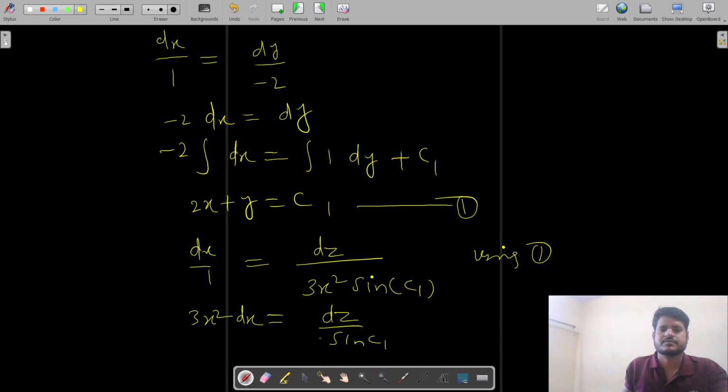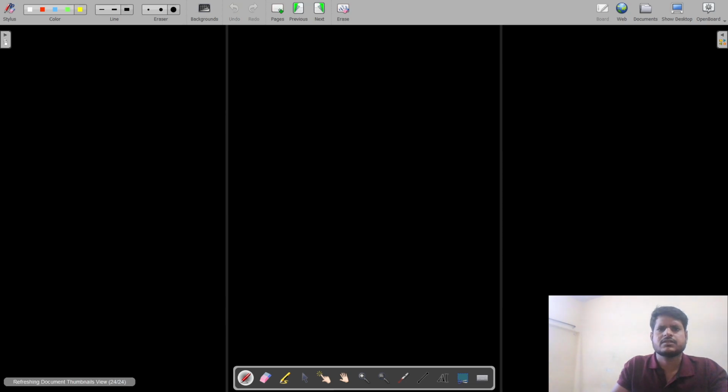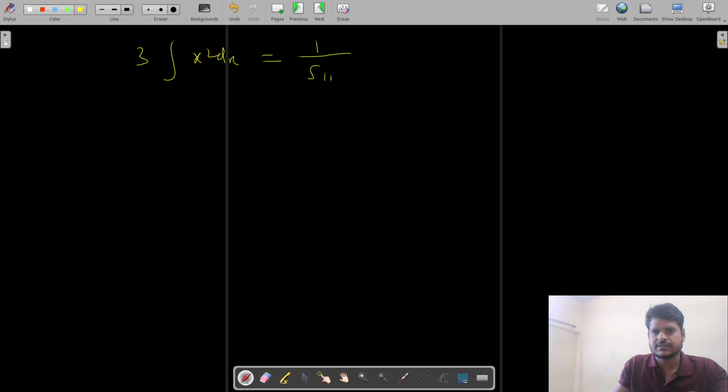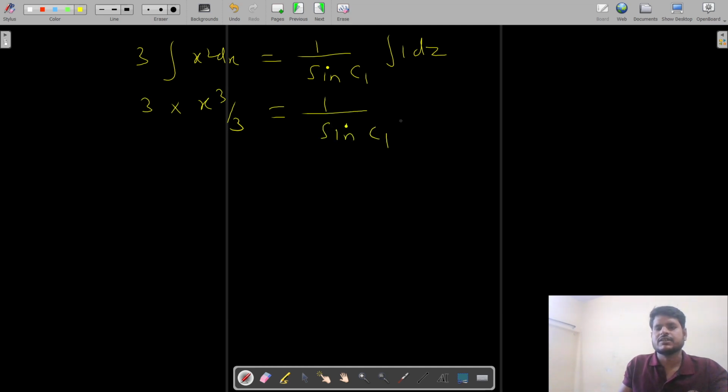Okay, now integrating again. So we have 3 integration of x square dx is equal to 1 upon sine c1 integration of 1 dz. So we have 3 into x cube by 3 is equal to 1 upon sine c1 and that is z, right?